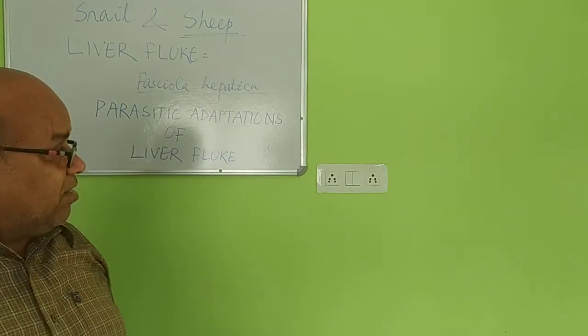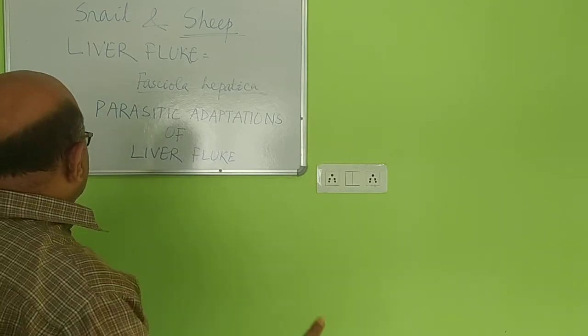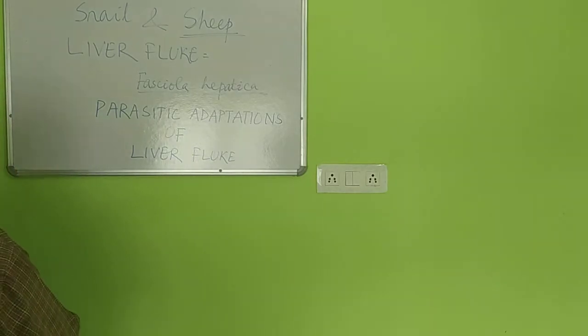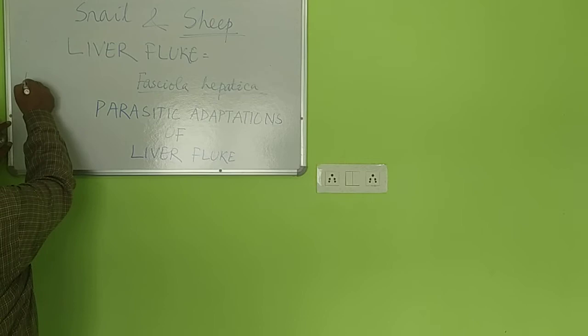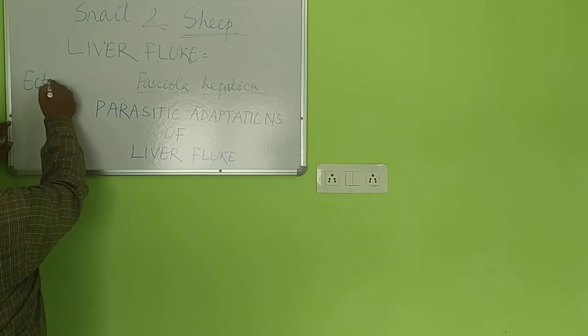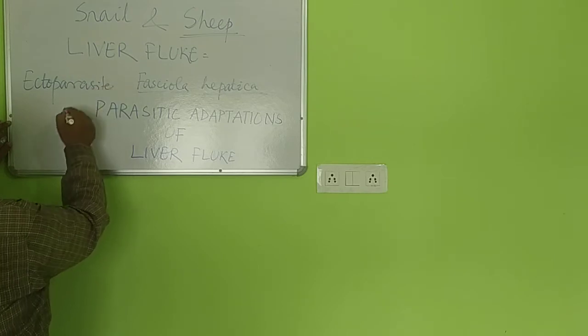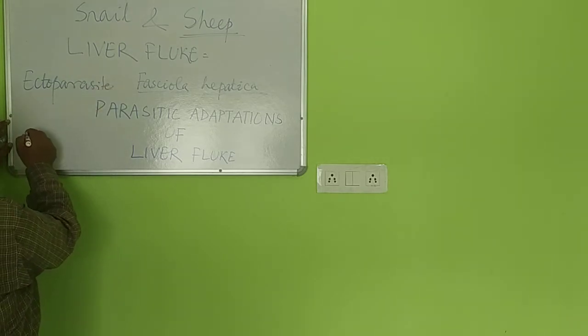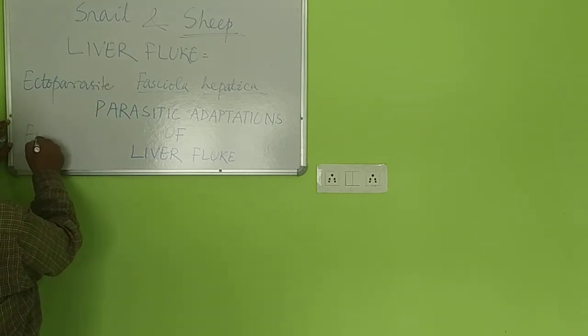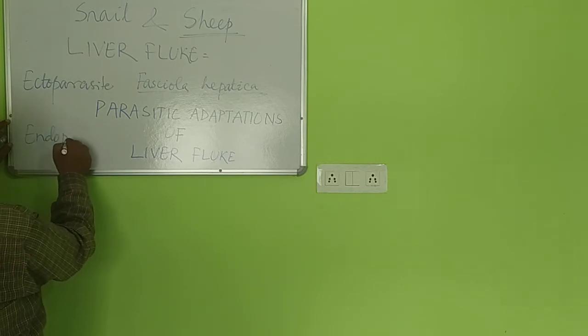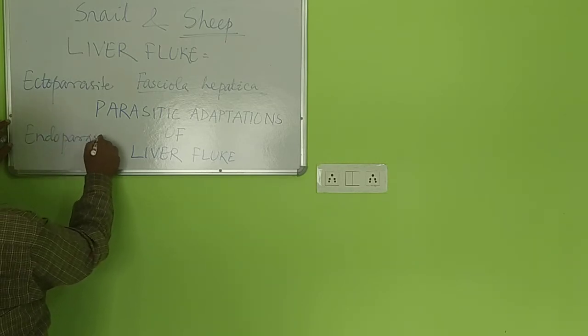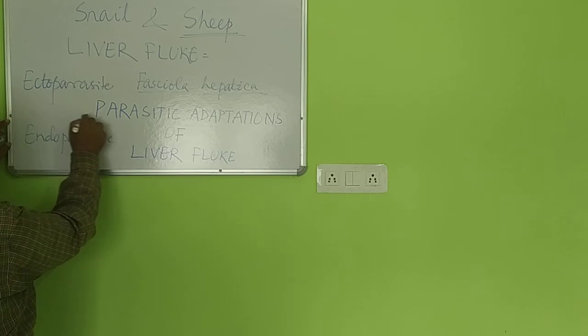The parasite which remains outside the body is called an ectoparasite. If the parasite remains inside the body of the host, it is called an endoparasite.